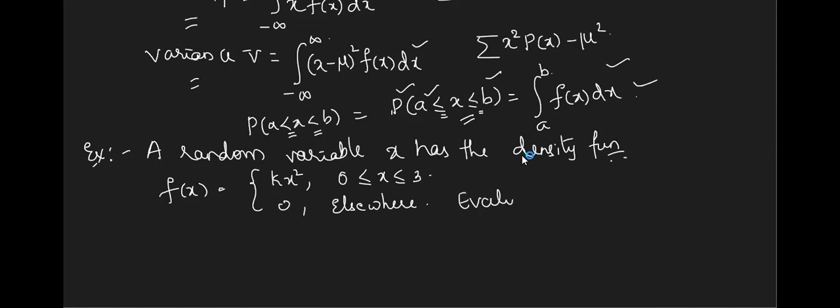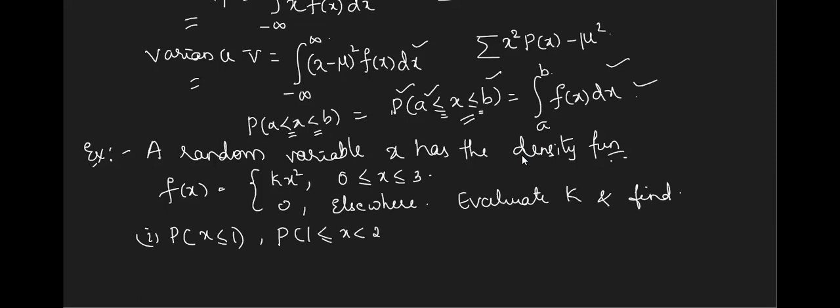Evaluate k and find probability of x less than or equal to 1, probability of 1 less than or equal to x less than 2, and probability of x greater than 2. Also determine mean and variance.